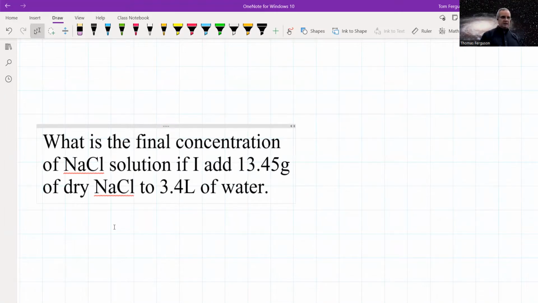What's the final concentration? Go ahead and try that on your own. See how central moles are in chemistry? Mole everything.